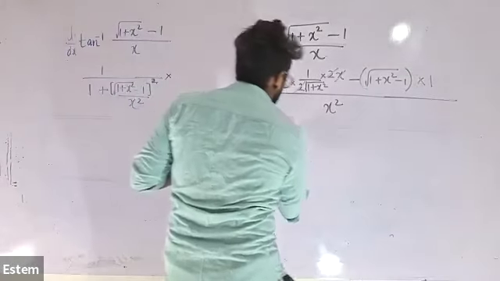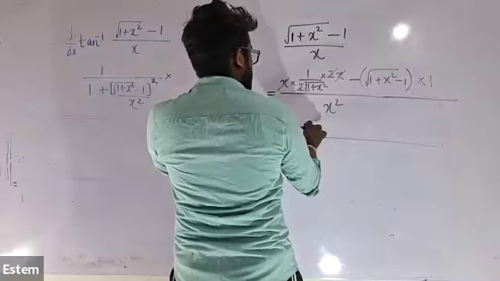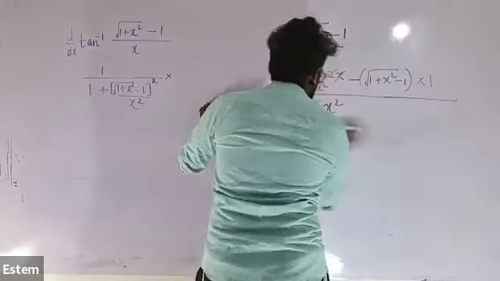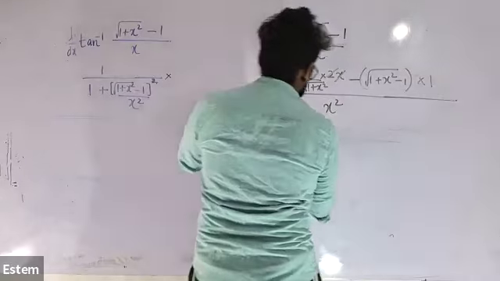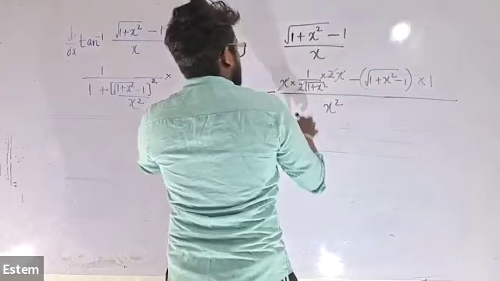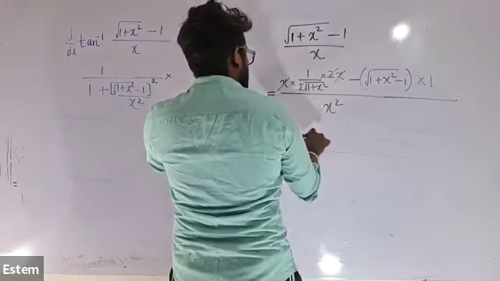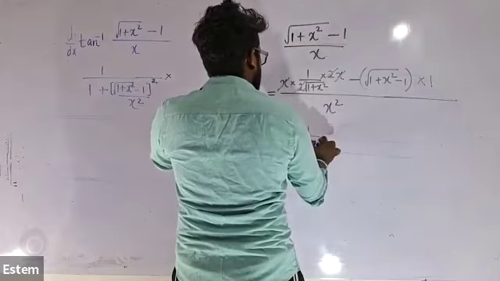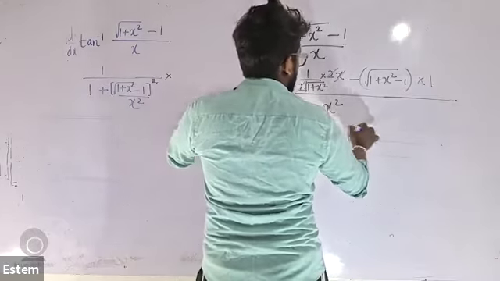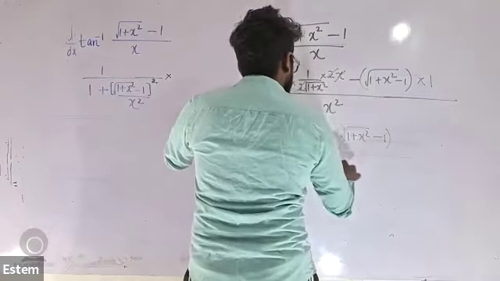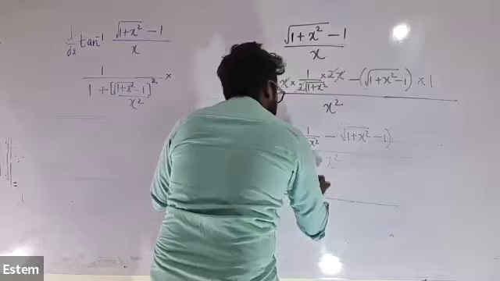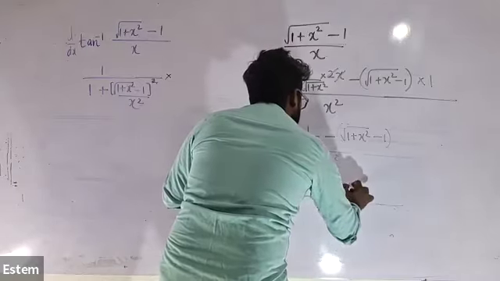I think it's better to simplify, no? I can get a common denominator here. So it is 1 over the square root of 1 plus x squared, minus 1 over x squared, and I can take 1 minus the square root of 1 plus x squared.